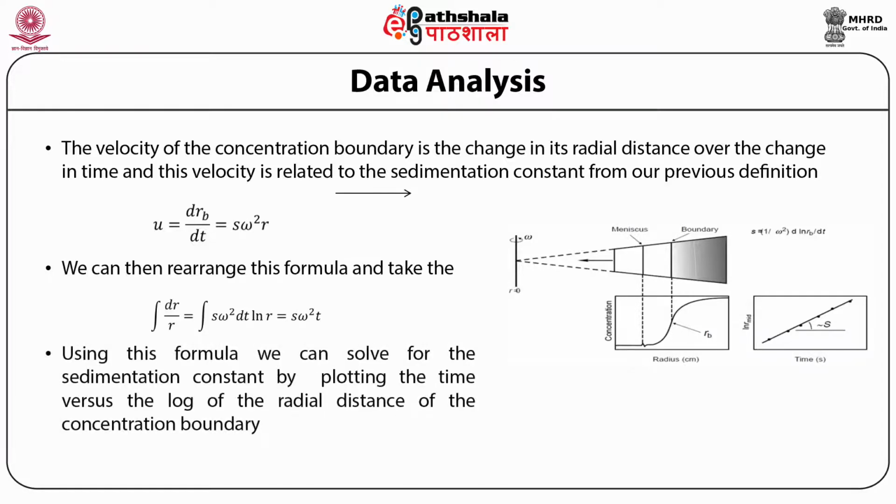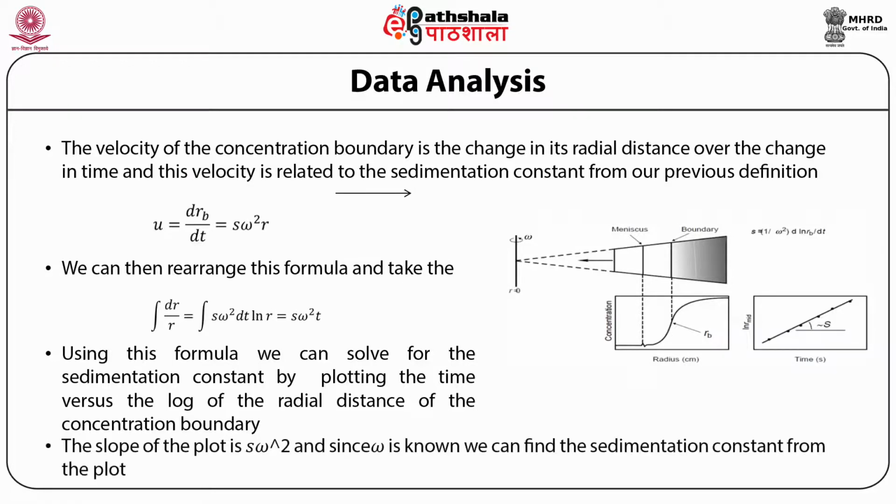So using this formula we can solve for the sedimentation constant by plotting the time versus the log of the radial distance of the concentration boundary. The slope of the plot is s omega square, and since omega is known, we can find the sedimentation coefficient from the plot, as you can see in the figure.